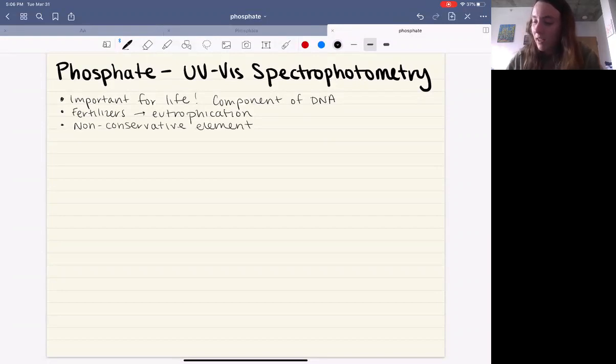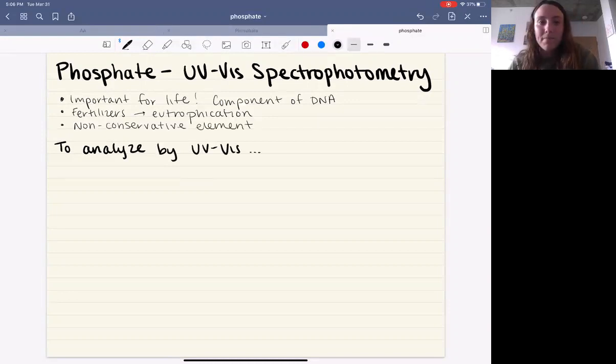Okay, and we are going to analyze this phosphate with UV-Vis. But there's some things we need to think about first. So first of all, phosphate is naturally colorless in solution.